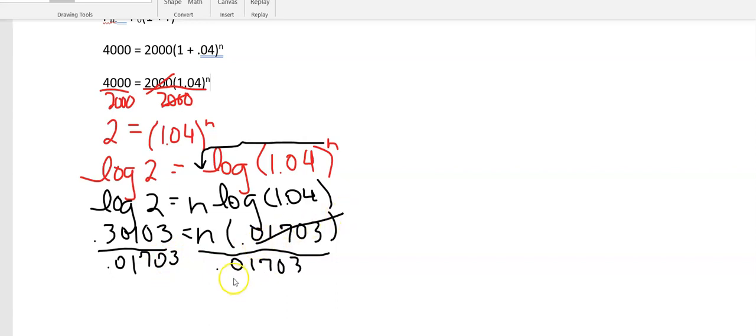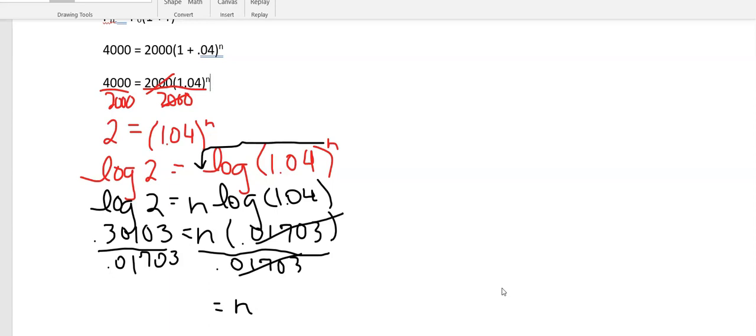On this side, it's just going to cancel out and we'll get n. But let's go ahead and put all of this into our calculator and we'll have the answer to how many years it takes for this population to double.